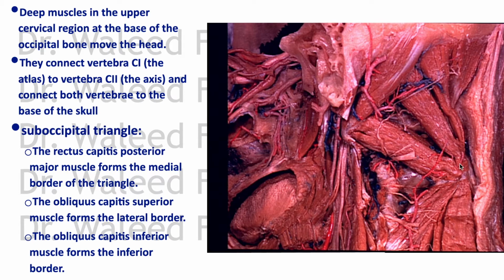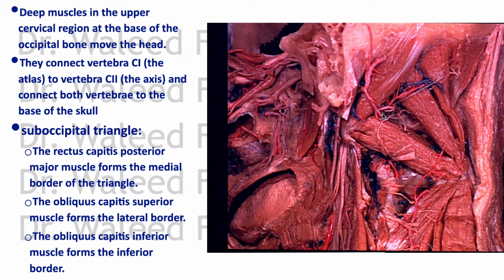The rectus capitis posterior major takes from the spine of the axis to an area below the inferior nuchal line, and the rectus capitis posterior minor takes from the back of the atlas, the posterior tubercle, to the area of the inferior nuchal line and below it. So this is the lateral boundary, this is the inferior boundary, this is the medial boundary.